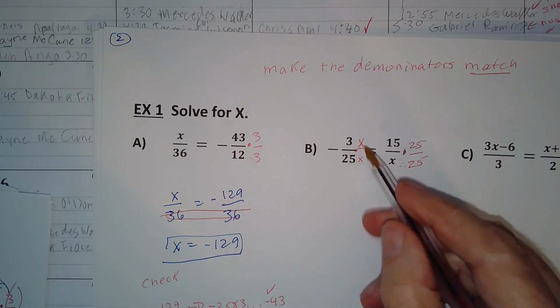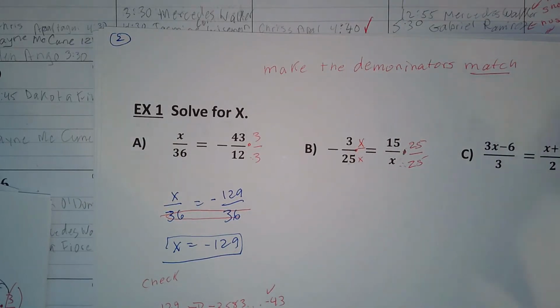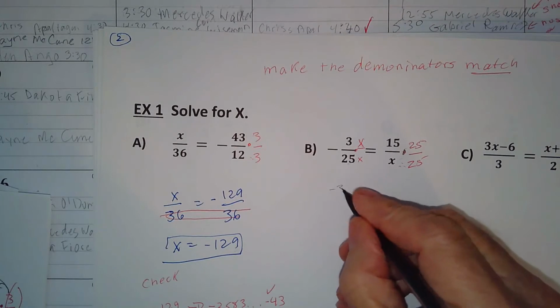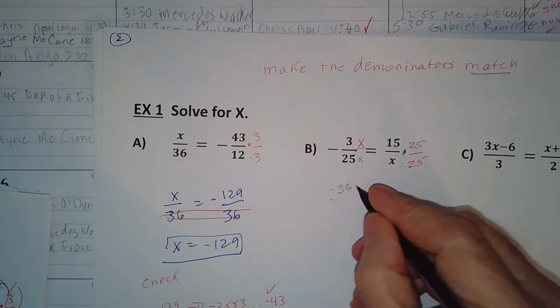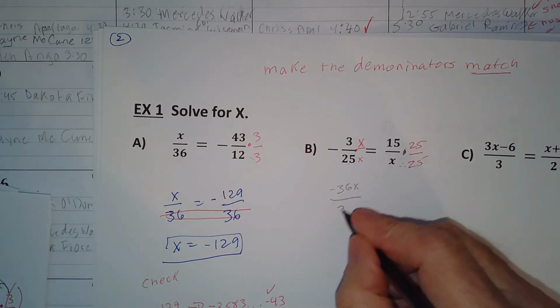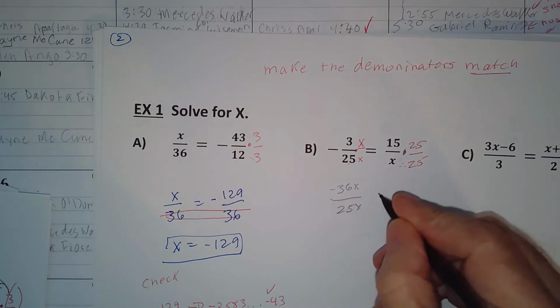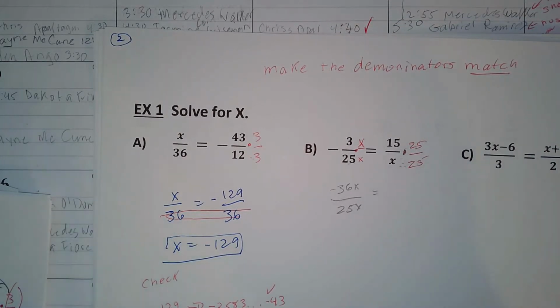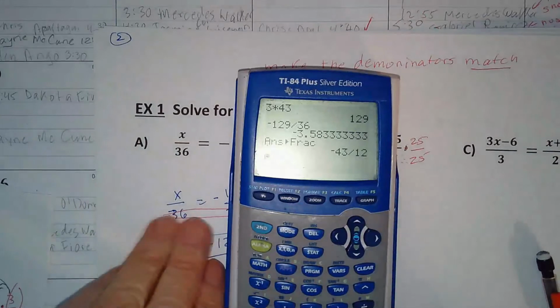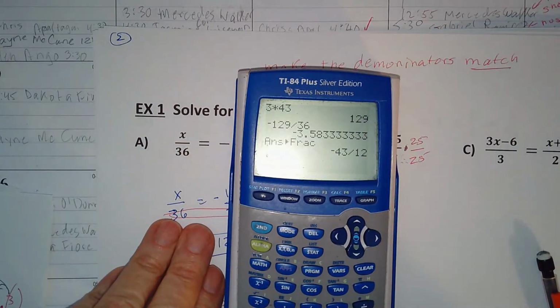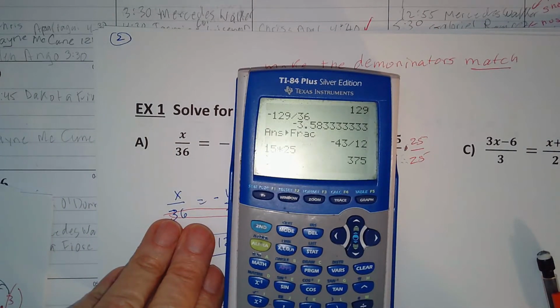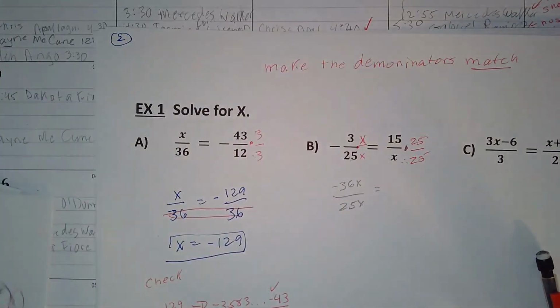Multiply those together. So negative 3 times x is negative 3x over 25x equals, and then 15 times 25, use my calculator, that's 375.